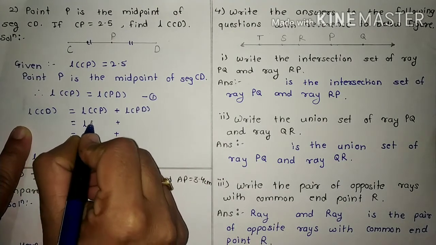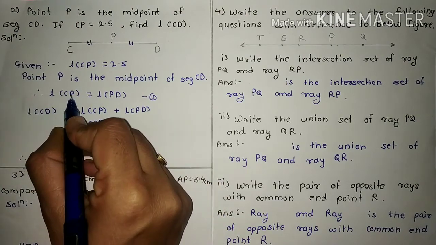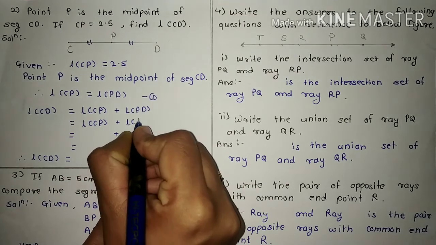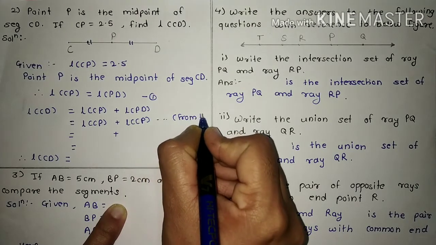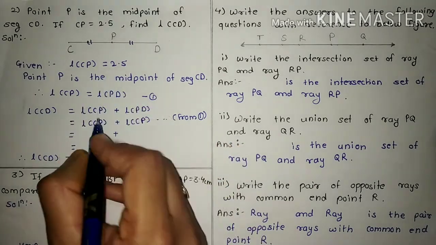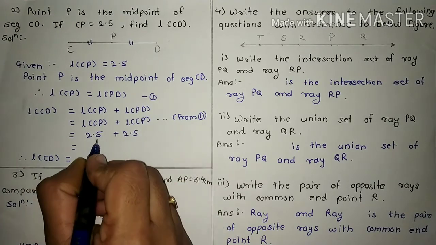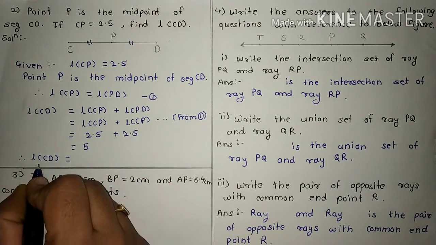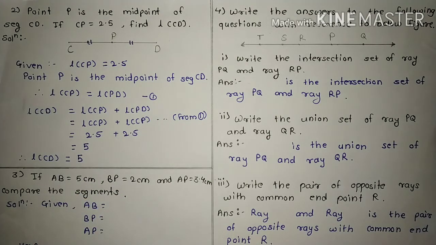Therefore, length of CP plus length of PD means length of CP plus length of CP, because P is midpoint of segment CD, reason from 1. Therefore, length of CP is 2.5 plus length of CP 2.5, and 2.5 plus 2.5 equal to 5. Therefore, length of CD is 5. Okay. Now see third example.